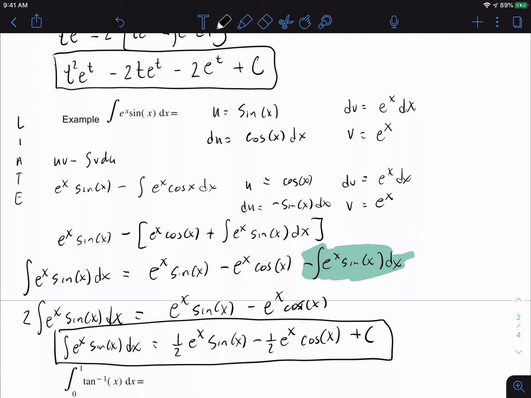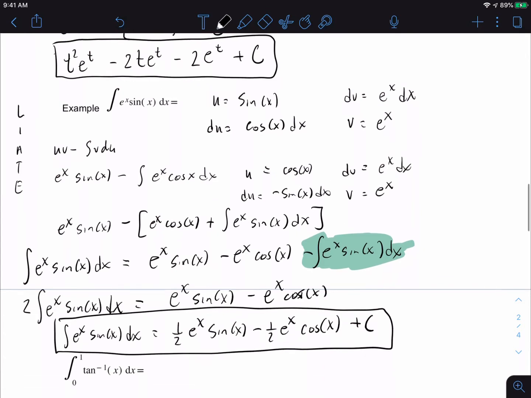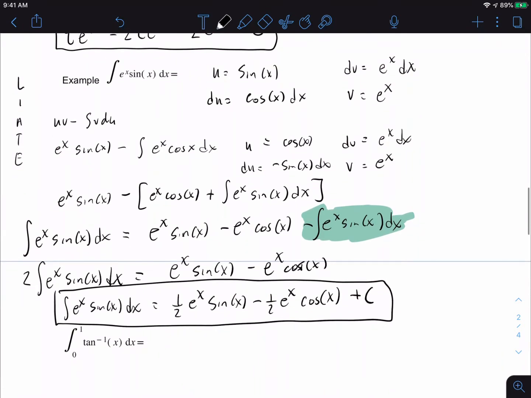All right. I'll give you another second to copy this down, and then I'll do the next problem. I'm finally going to do one that's a definite integral. Let me know when you're ready.